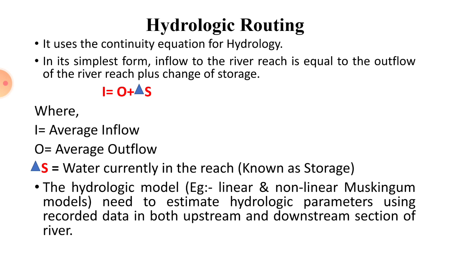That is, I = O + ΔS, where I is the average inflow, O is the average outflow, and ΔS is the water currently in the reach, that is known as storage. Normally, the hydrologic model is needed to estimate the hydrological parameters using the recorded data at both upstream and downstream sections of the river. Thank you.